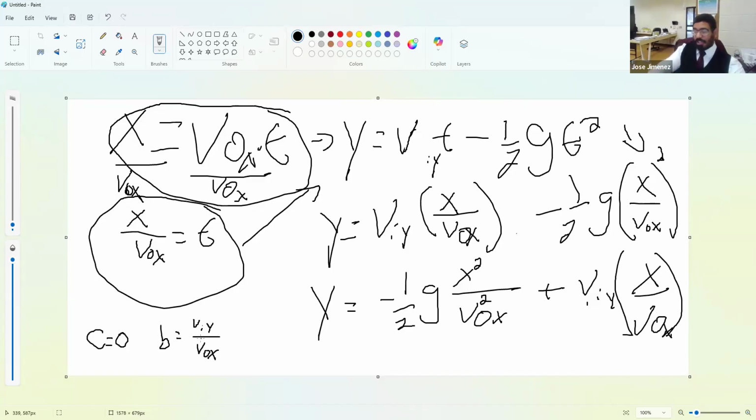That's the B term. And now A is just going to be the term in front of the x squared, which is negative g all over 2 times v naught x squared.